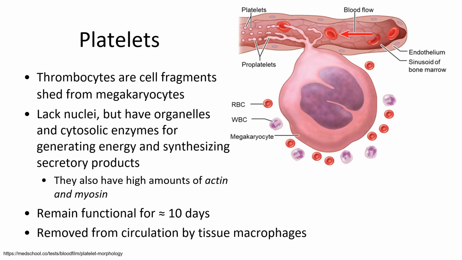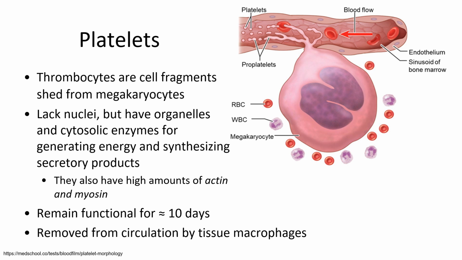These megakaryocytes are going to shed these fragments in the bone marrow. And these fragments, the platelets, lack nuclei, but they do have the organelles and the cytosolic enzymes necessary for generating energy and synthesizing secretory products.